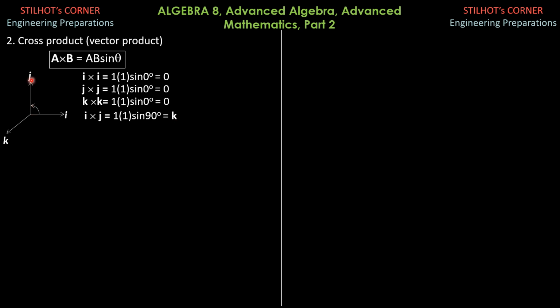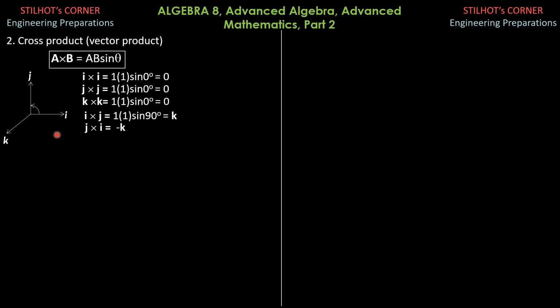While if your four fingers begin at j and curl towards the i direction in the opposite way, then counterclockwise is positive, so it's k. Clockwise, your right thumb would be in the negative k direction. Therefore, j cross i is negative k.